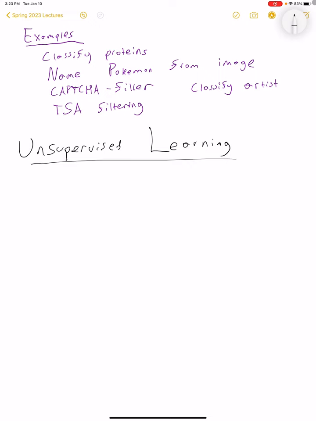So the goal of unsupervised learning is to learn patterns from data. And there are many different types of unsupervised learning subcategories that we will learn about, but the first one you tend to learn in a machine learning class is clustering, which I think was brought up a few minutes ago.